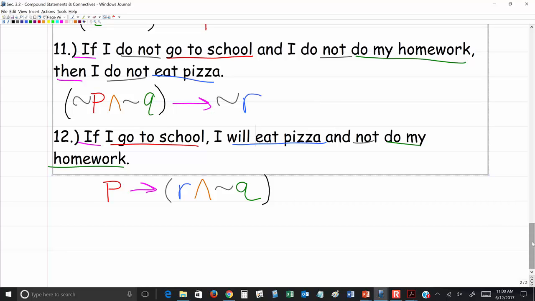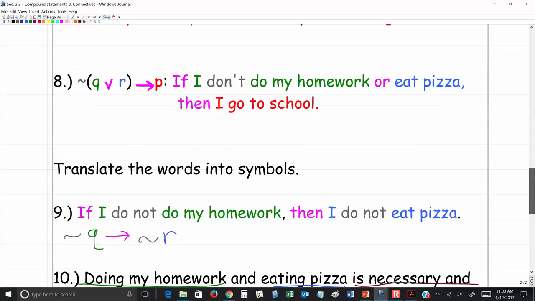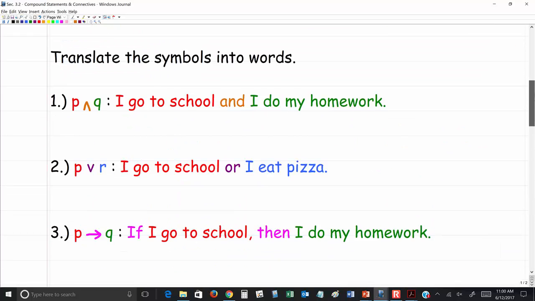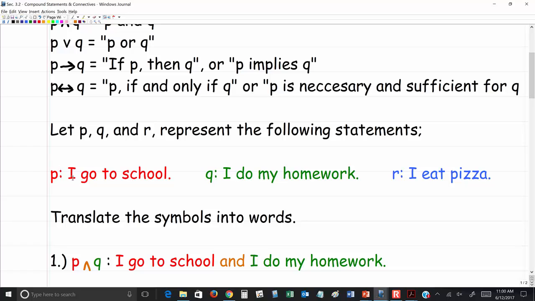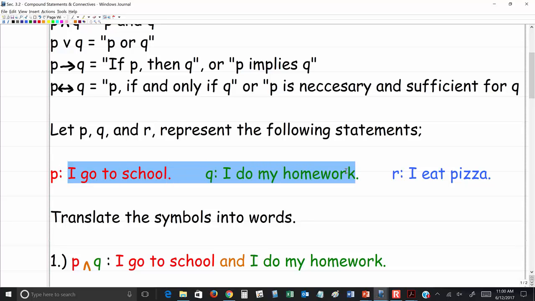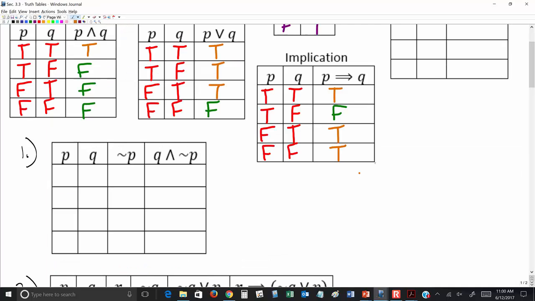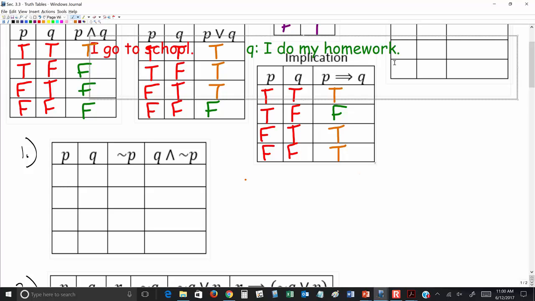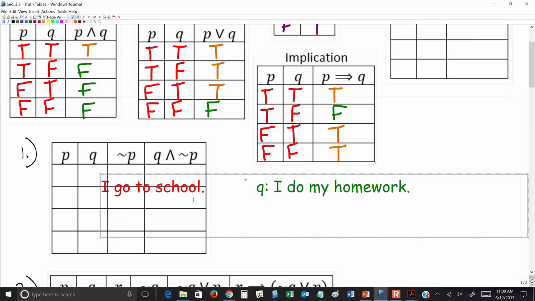Let's see, we can just use the same example that we used in the last section. All right, so statement P says I go to school. Statement Q says I do my homework.